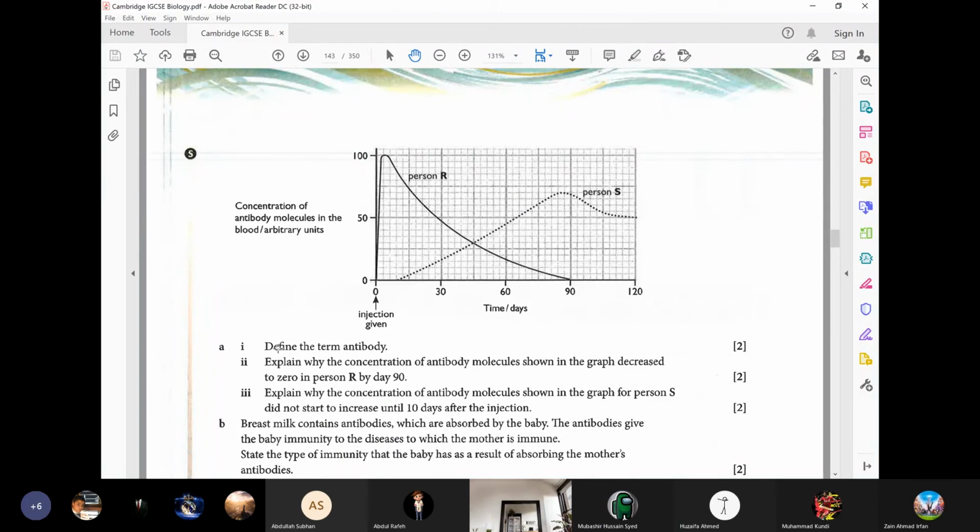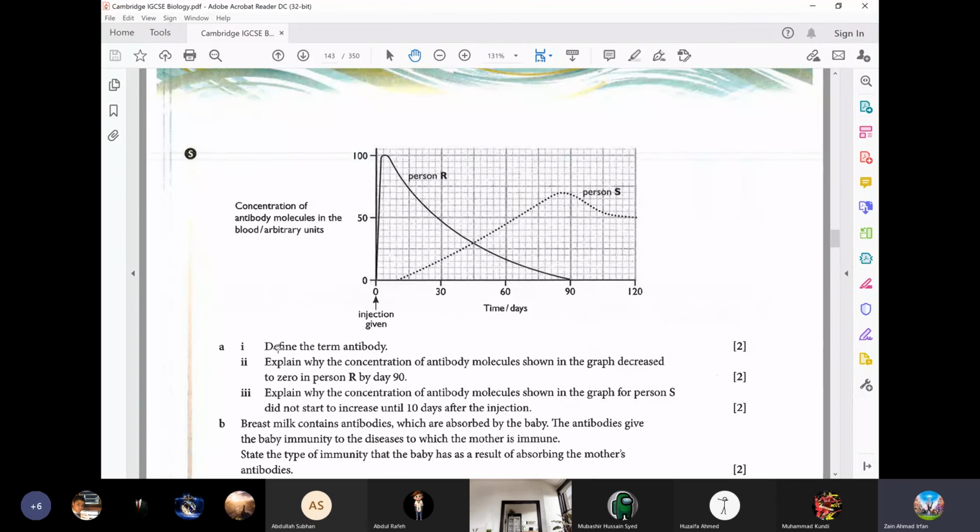They attach to the antigens and they either make the pathogens harmless or they destroy the pathogens. Understood, boys?